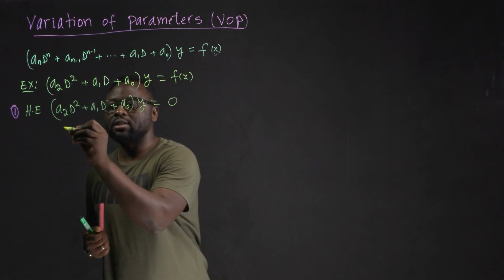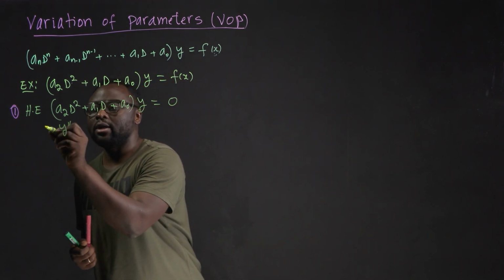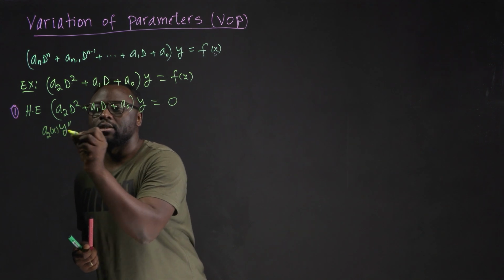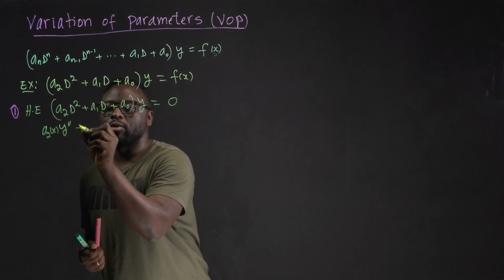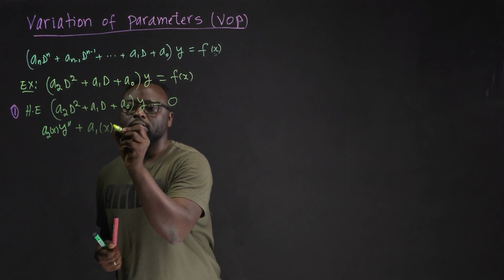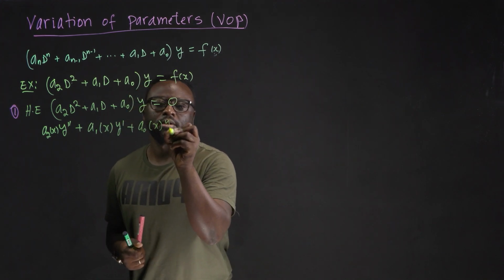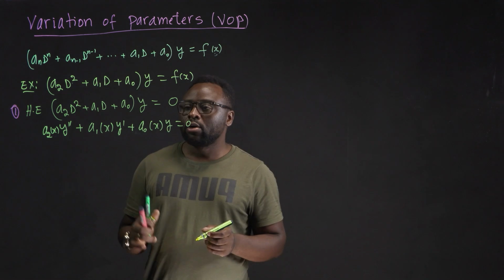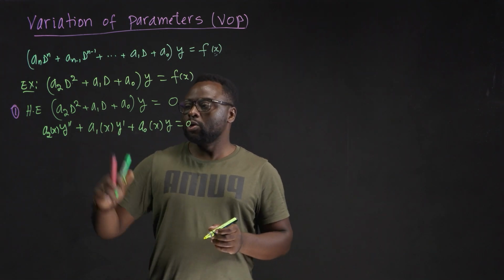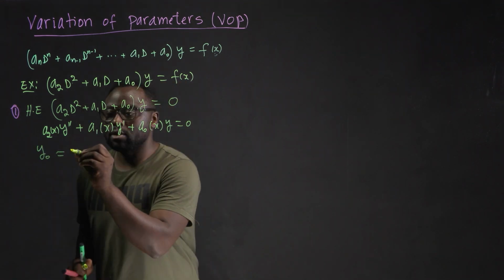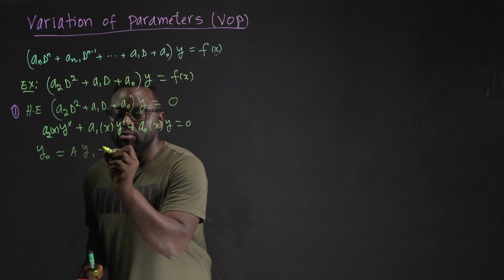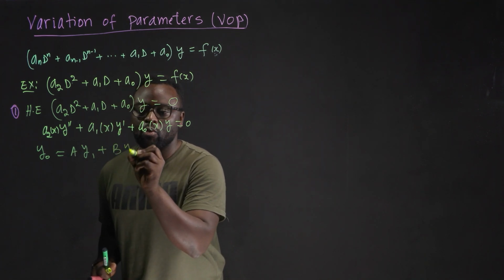Of course, this is equivalent to a2(x) y'' plus a1(x) y' plus a0(x) y equal to 0. All right, the homogeneous solution here is y0 equal to a times y1 plus b times y2.